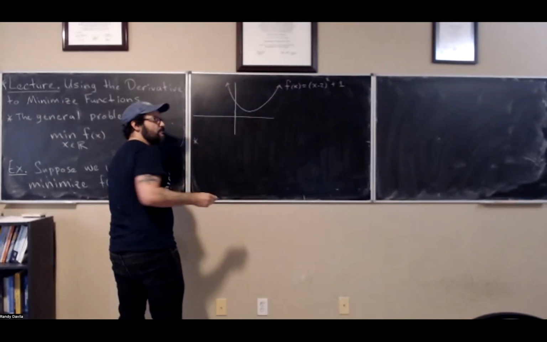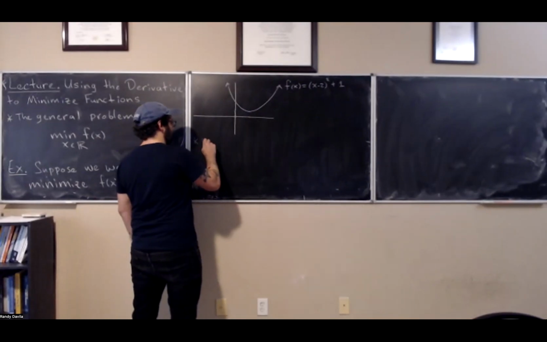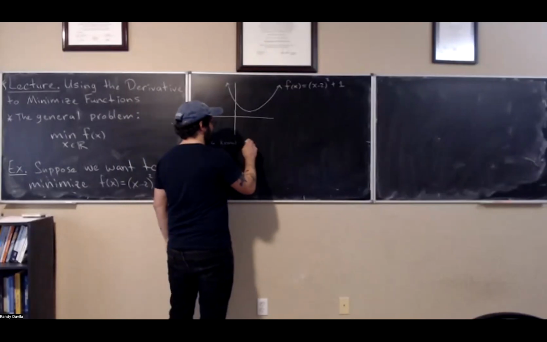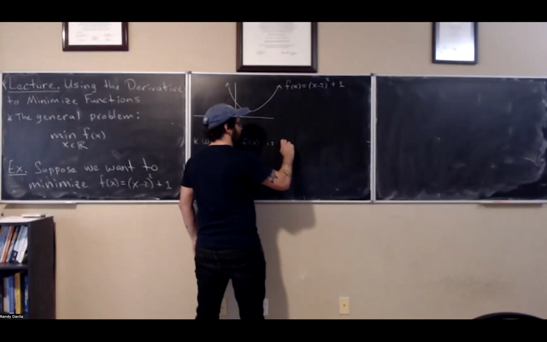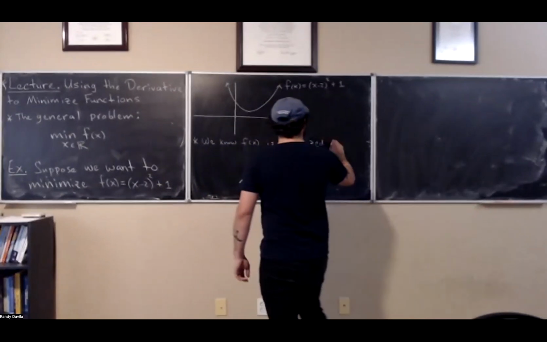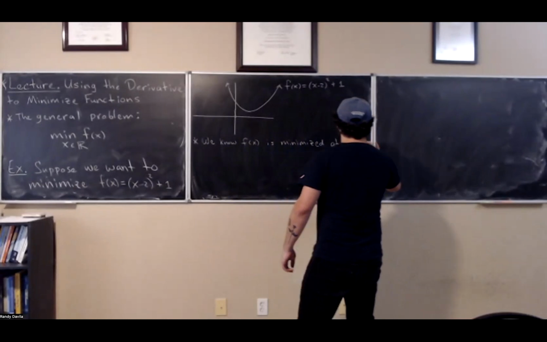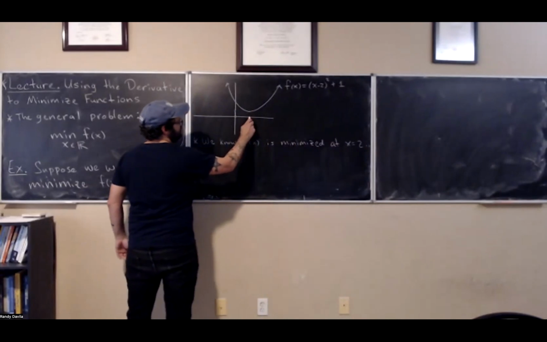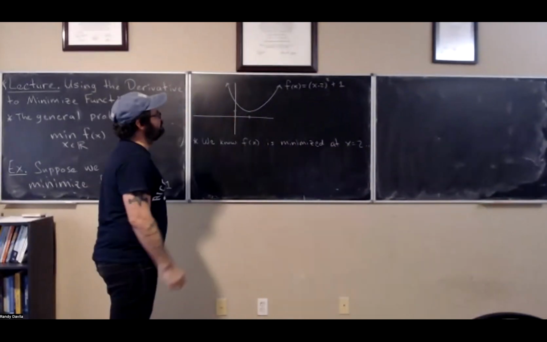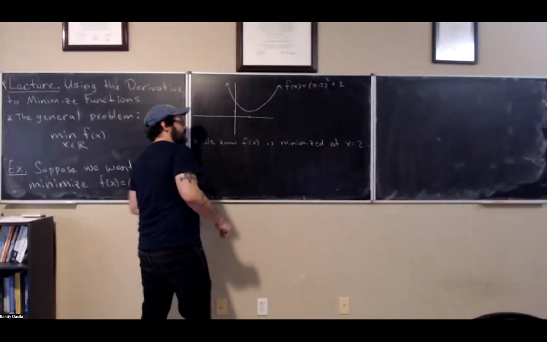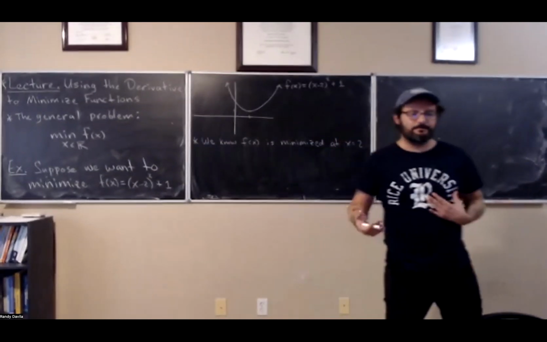We know the answer, okay? f of x is minimized at x equals to 2, right? That's right here. That point right there is 2 comma 1, right? So we know that's the minimum. We can easily observe that, right?